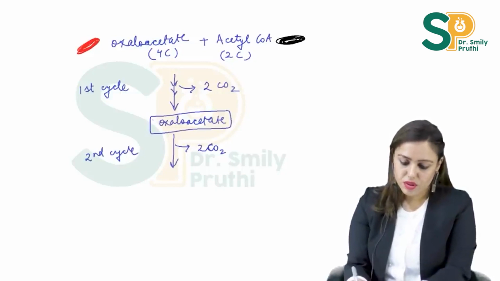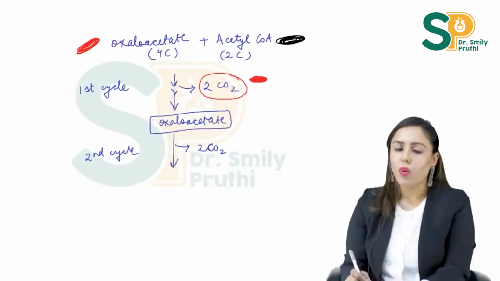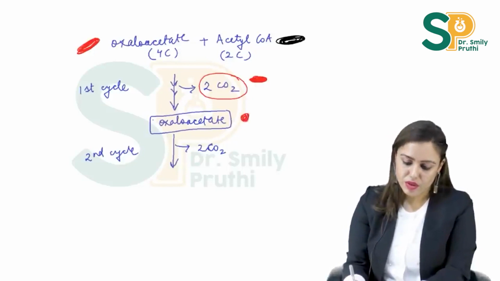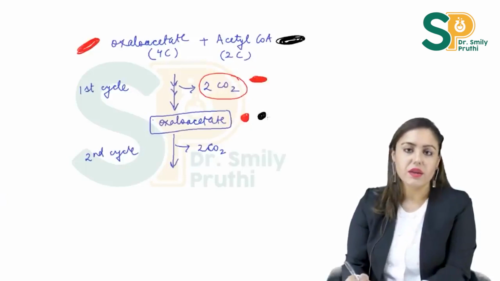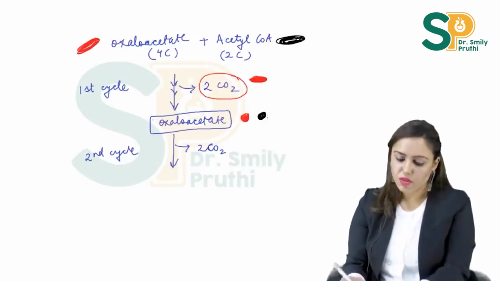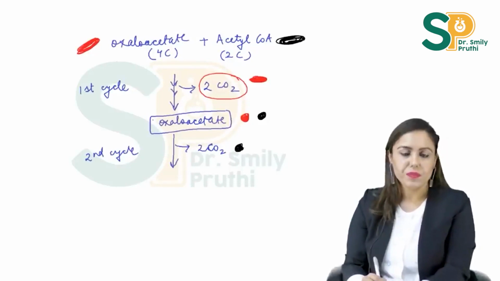Now, this carbon dioxide which is released is red in color. The oxaloacetate which we have obtained at the end of the first cycle has 2 carbons red and 2 carbons black, okay? And in the next cycle, the carbon dioxide which is removed is black in color, okay?